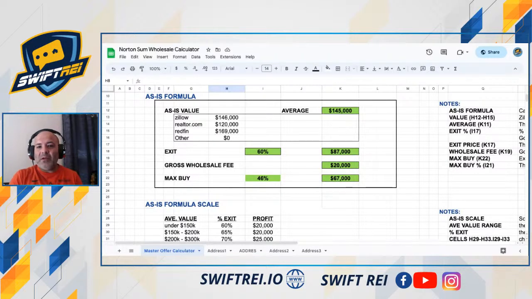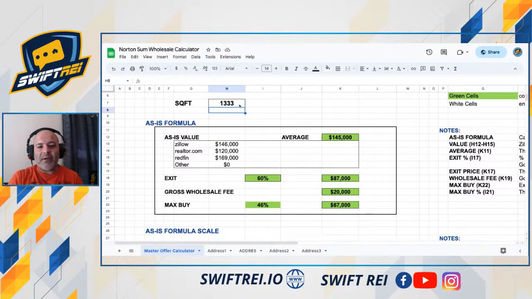So let's look at it from a different perspective. Let's say that we have a property that's 2,500 square feet. All right, and let's say the property value of this one is 245,000 on Zillow, and then let's say it's 238 on Realtor.com.